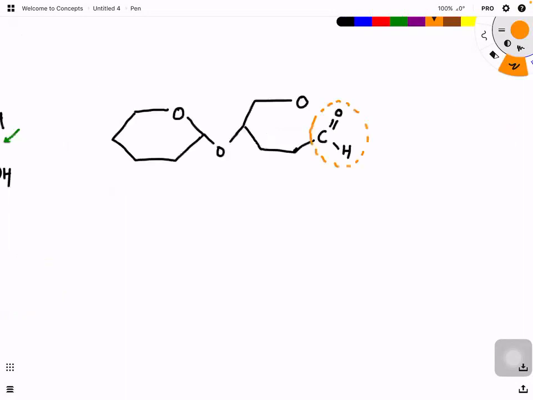Can you see that? Just now the H, right? The H will return here. So it means that glucose number 1 cannot do anything for reducing property, but glucose number 2, yes, it can go back to the linear form. Can you see that? It's not joined already, right? So when you go to linear form, this one will give us the reducing property.